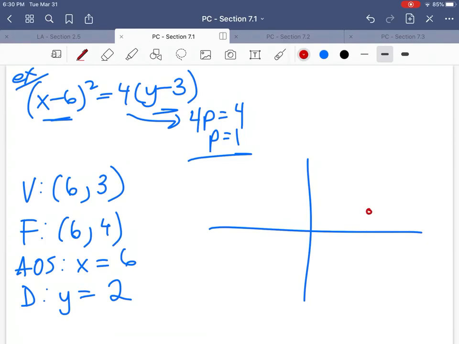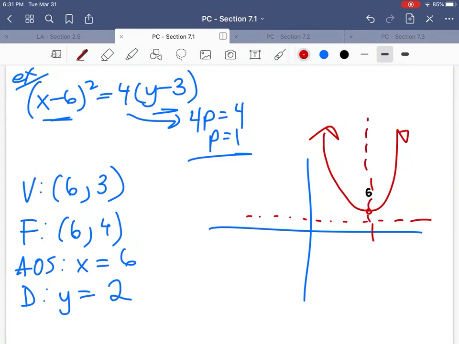Your focus is (6, 4), so a little bit like right there. And this thing is then facing up. And your directrix is down here, y equals 2. And your axis of symmetry, x equals 6, right there. And you can also graph on Desmos.